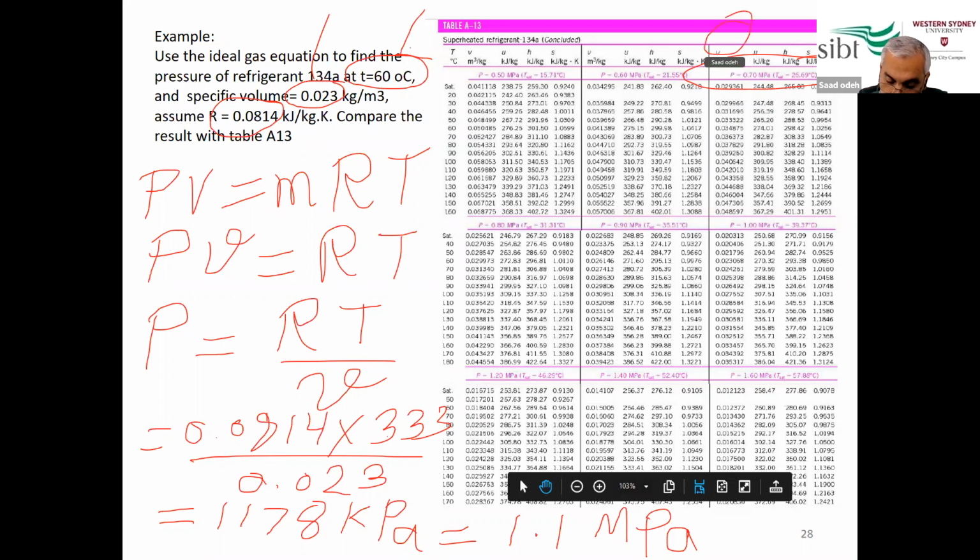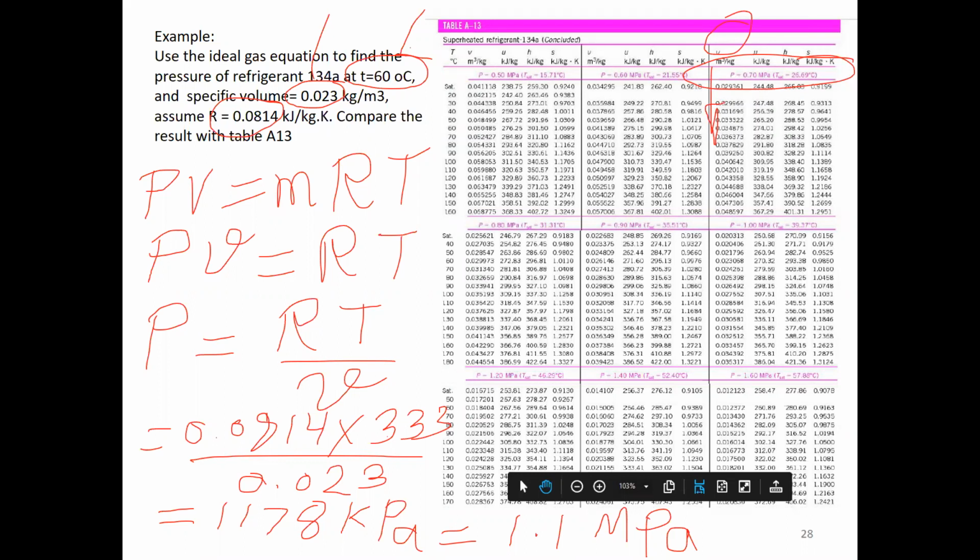If I go along this and check where the value of 0.023 is, it will be somewhere between the first and the second one. Yeah, correct. So this is where I find the 0.023, the specific volume.